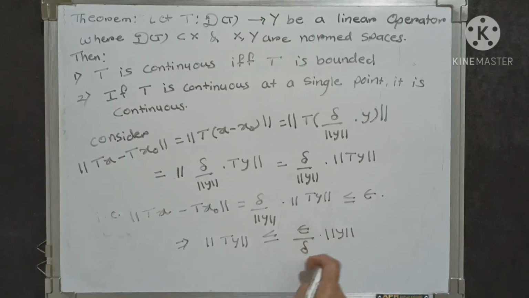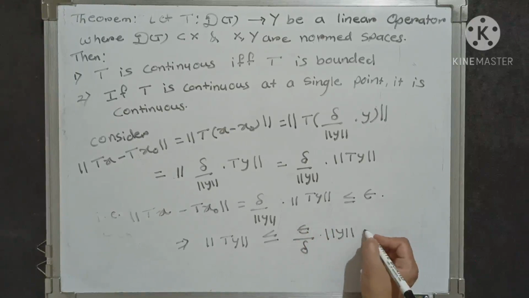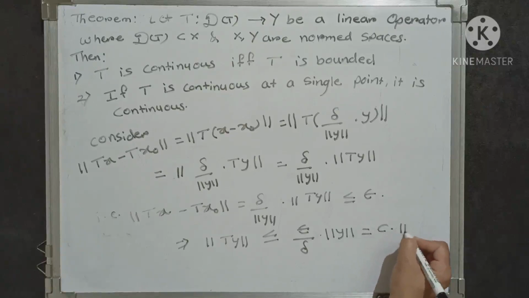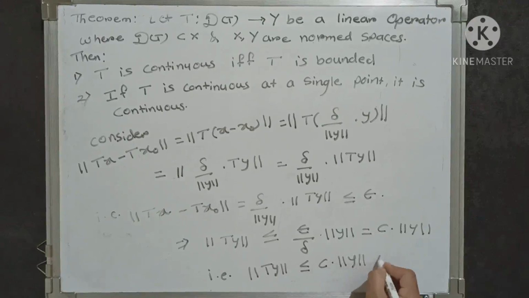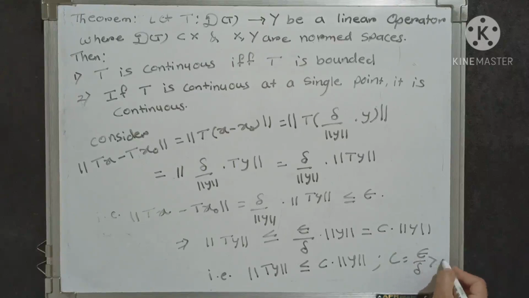If we put epsilon divided by delta equal to c, then norm of Ty is less than or equal to c into norm of y, where c equals epsilon divided by delta, which is strictly greater than 0. In this way norm of Ty is less than or equal to c into norm of y, and this implies that the operator T is bounded.